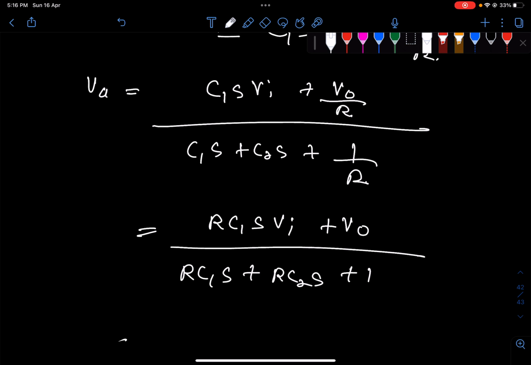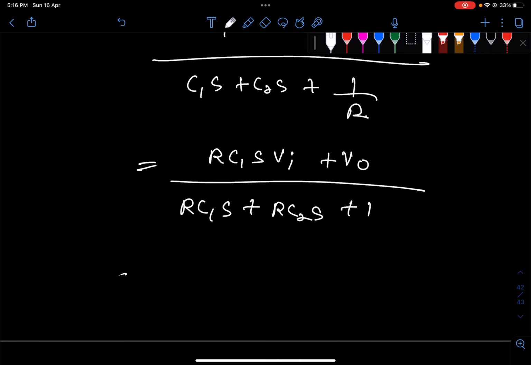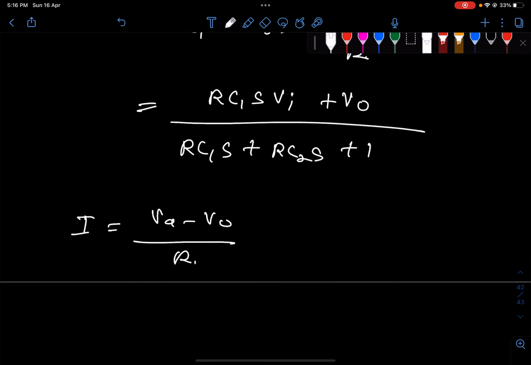Right? Now current is equal to VA minus V0 divided by R. And what is VA?